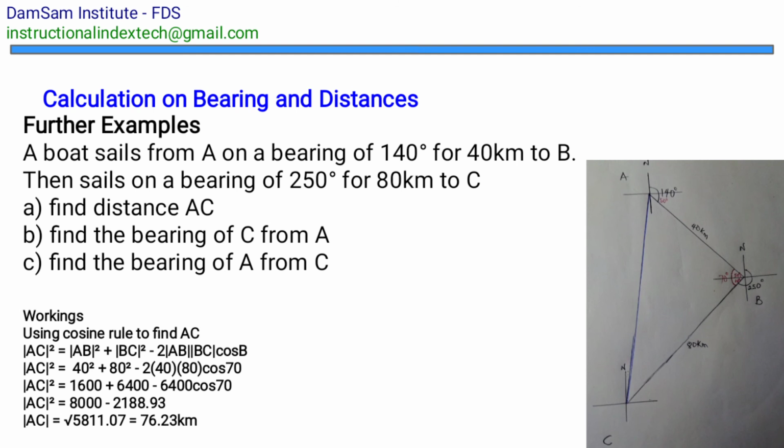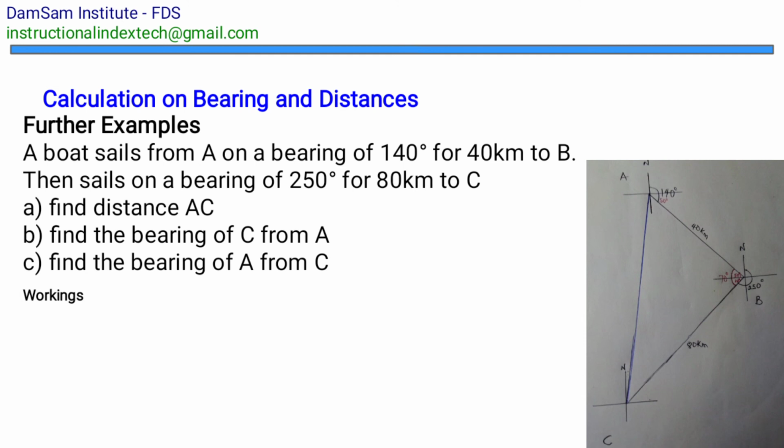When we do that, the square root of 5,811.07 is 76.23 kilometers. And that is the distance AC. That's the distance between point A and point C.